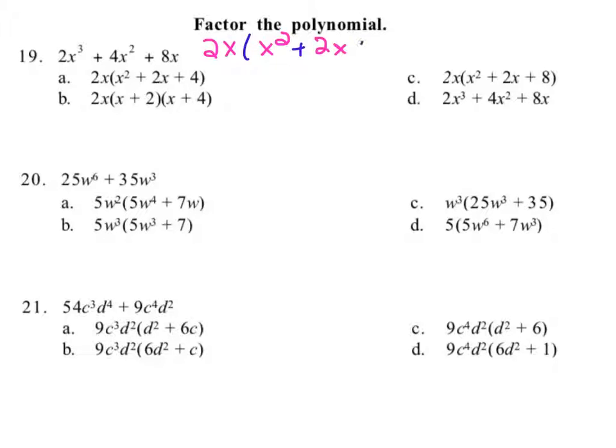Okay? And finally, we look at this last term here and we say, that says 8x. I need to first divide it by 2. 8 divided by 2 is 4. And there's only a single x in there. There's only a single x in that 8x term, right? 1 x being multiplied.